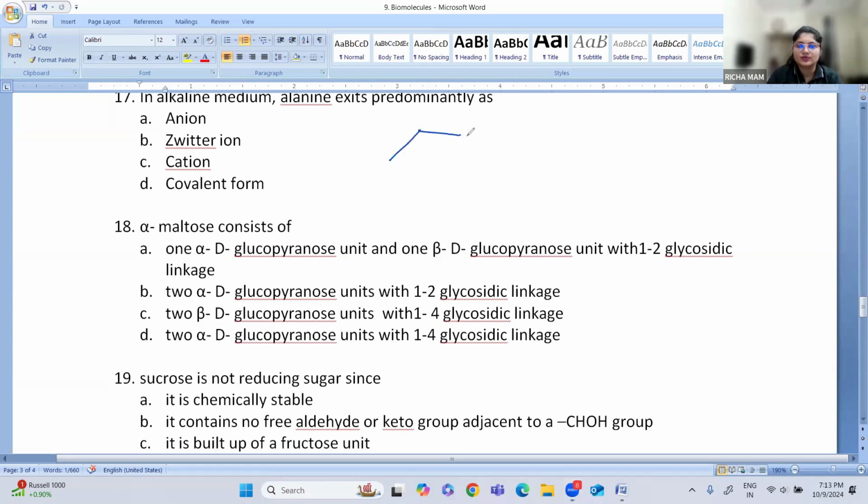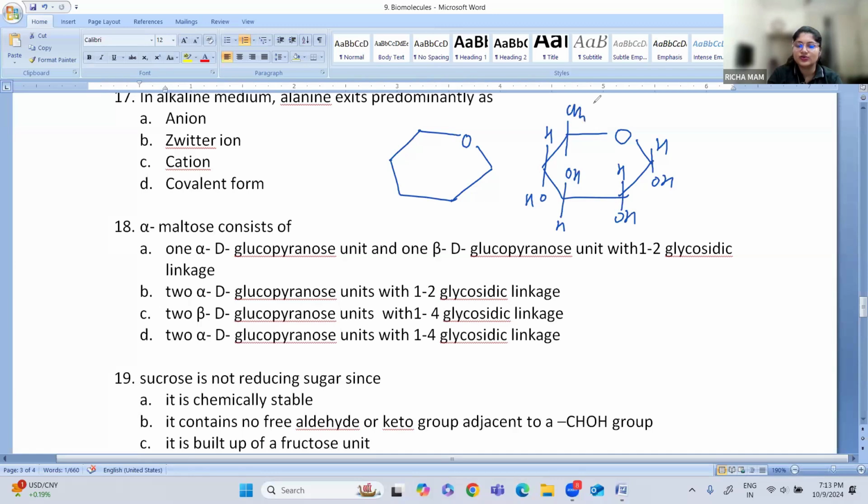So this is the structure, with HOH, HOH, OHH, then HOH, and CH2OH and H. Then here again HOH, HOH, OHH, HOH, and CH2OH and H. So the linkage is present here, right?